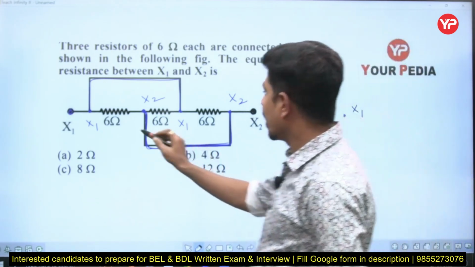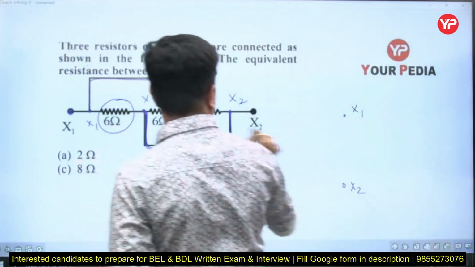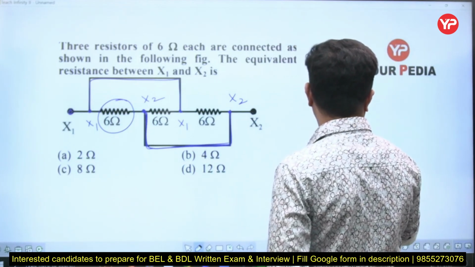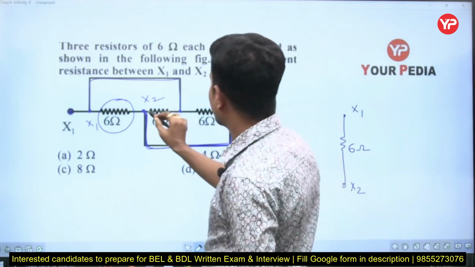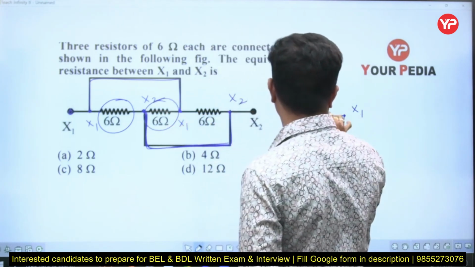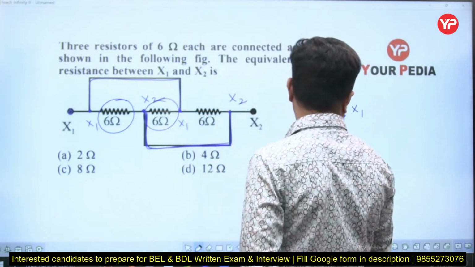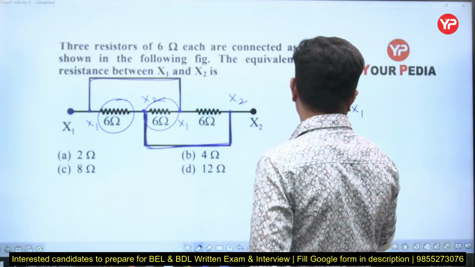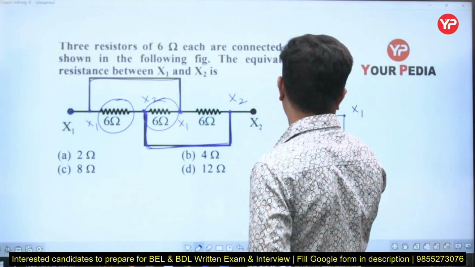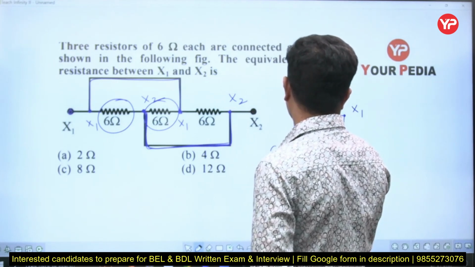Between x1 and x2 I have 6 ohms. Again, between x1 and x2 I have one more 6 ohms. Again, from here to here I have one more 6 ohms, right?